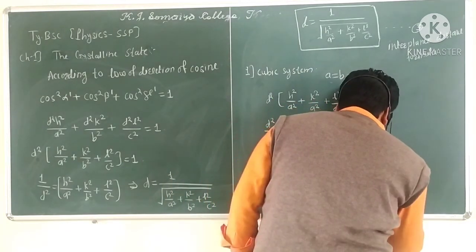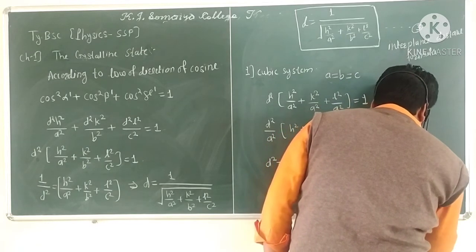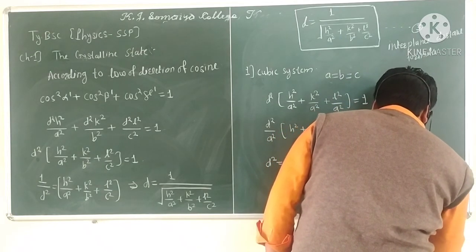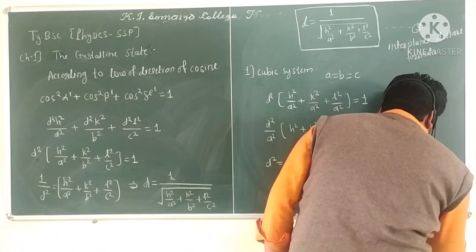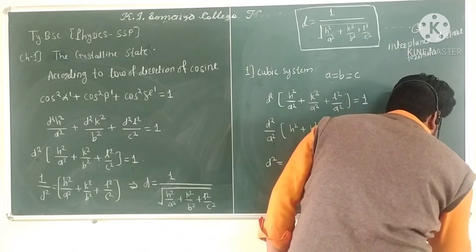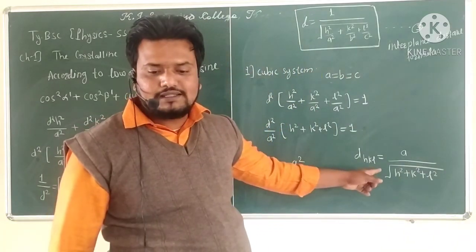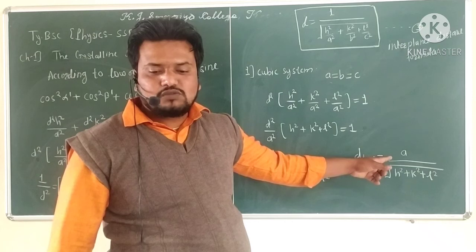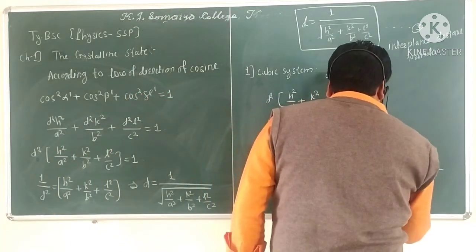So that d suffix HKL is given by a upon under root of h square plus k square plus l square. That is the d_HKL formula, a upon under root of h square plus k square plus l square. So this is for the cubic system.